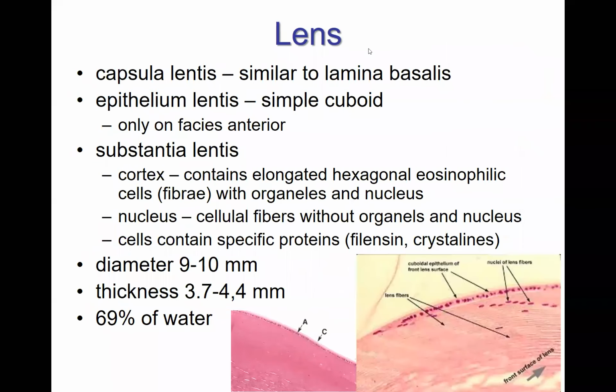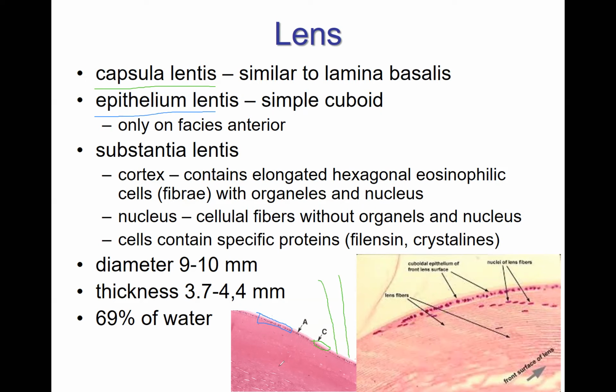Okay, what are the layers? So I said we have an epithelium, and you can see it's a simple cuboid epithelium, yeah, well visible here. But on the surface is capsula, and this capsula is very important. Into the capsula, yeah, which is this layer on the surface, the fibers of the zonule are attached.